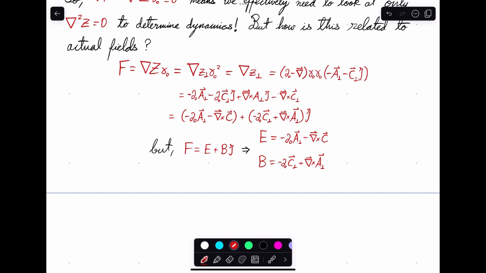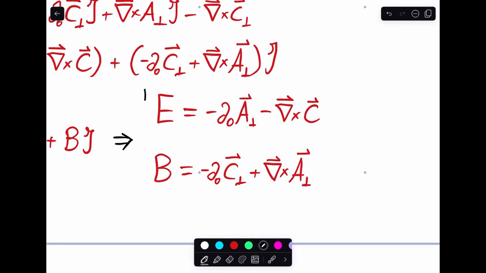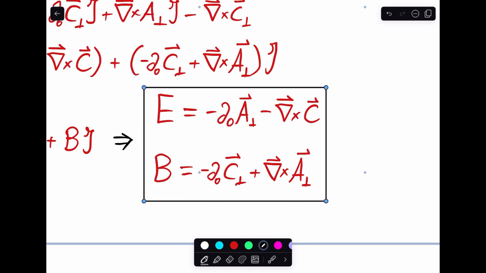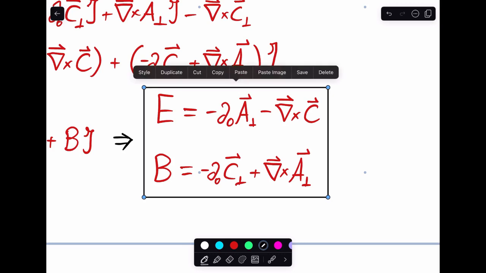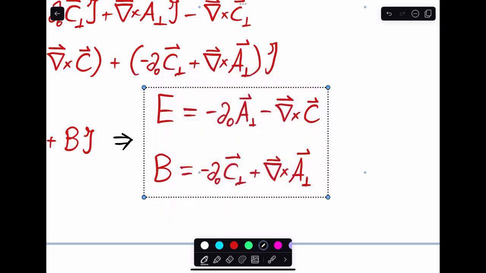So these are the final equations that can relate the bivector potential to the actual electric and magnetic fields.